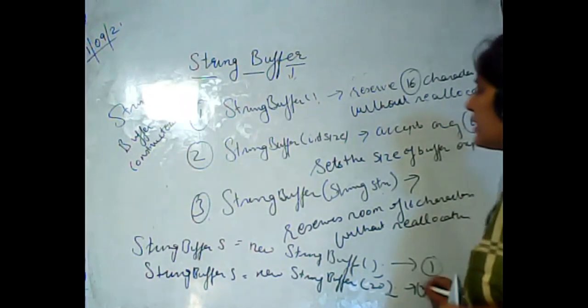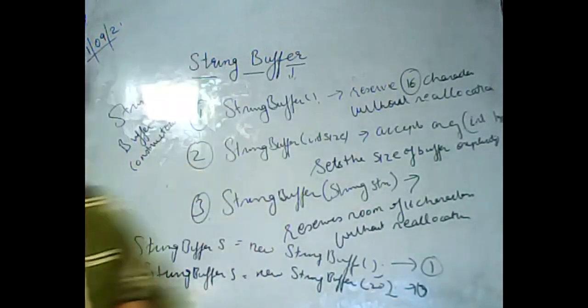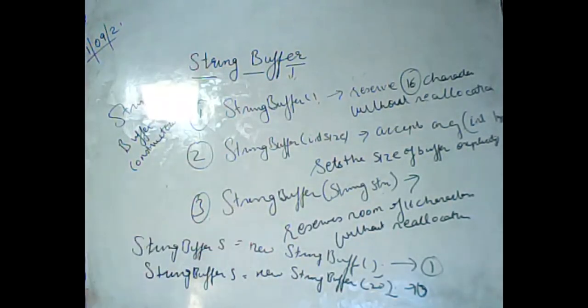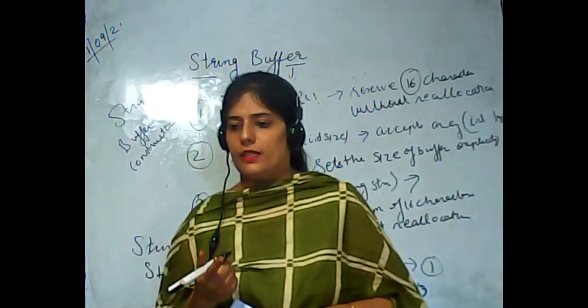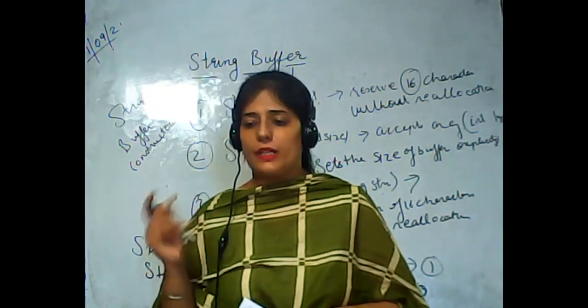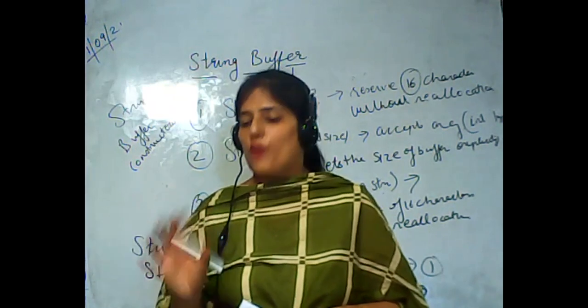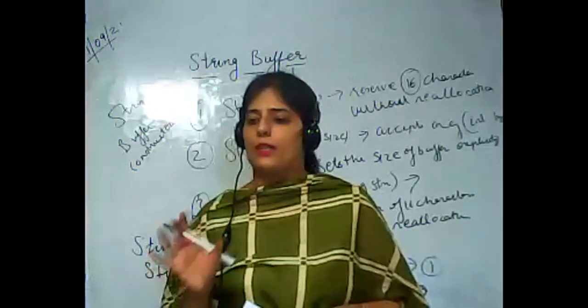Okay, and the third constructor that we are using is StringBuffer where we can directly pass a string argument here. But what will happen is it will just allocate the default size of 16 characters for that particular string.